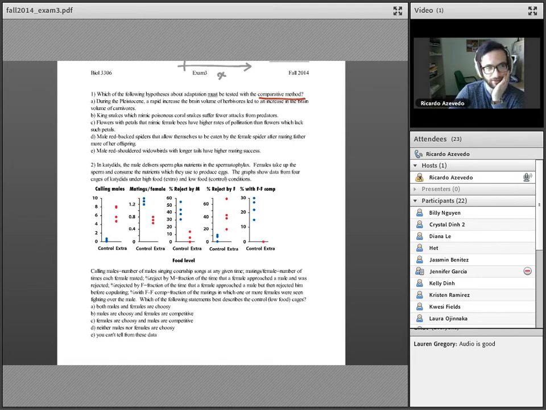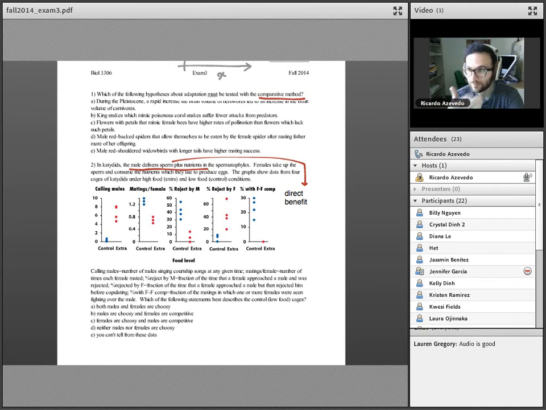So the whole concept is that the male delivers sperm plus nutrients. In this respect, there's a direct benefit in female choice. The idea was that you have either direct benefit or indirect benefit in female choice, when females try to pick the best male for mating.